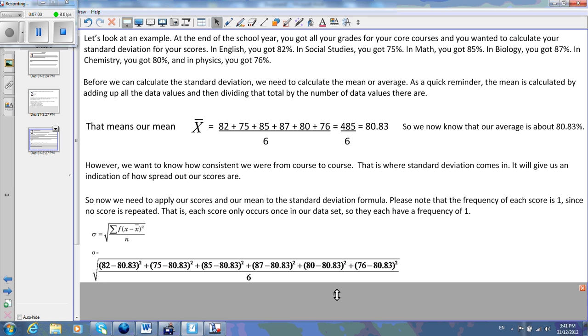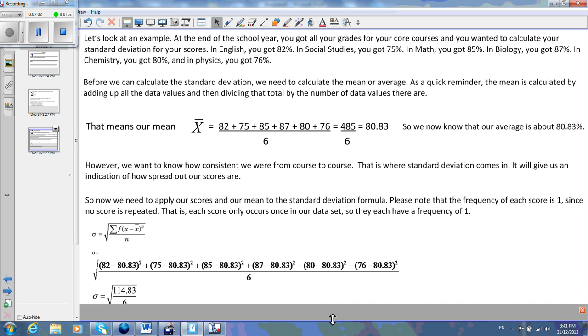So if I typed that entire top line here into my calculator exactly as it is, just the top line, so not the square root sign, not the 6, into my calculator exactly as it is, and hit the enter or the equals button, I'm going to get approximately 114.83.